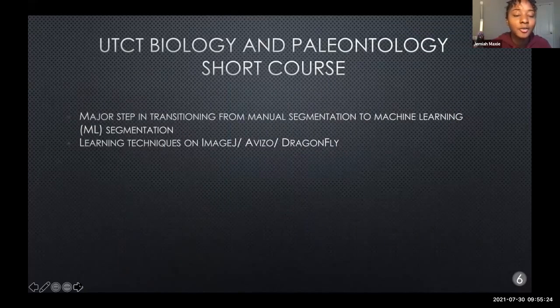Also, this week I have been working with the University of Texas at Austin in a biology and paleontology short course where I've been learning more about data acquisition, data analysis, and visualization on ImageJ, Aviso, and Dragonfly. This short course has been helpful in helping me learn more about machine learning tools and segmentation, so that I could switch over from manual segmentation and hopefully save time when it comes to doing segmentation on the roots.